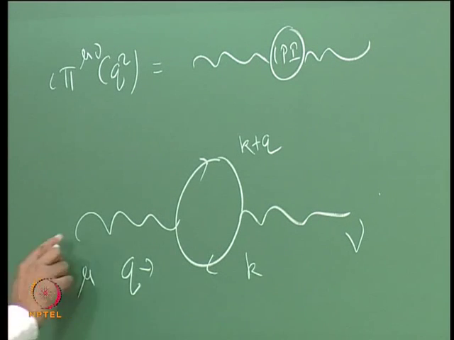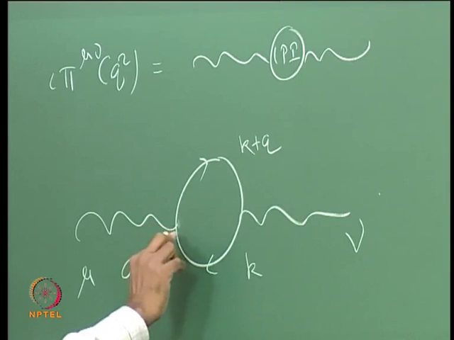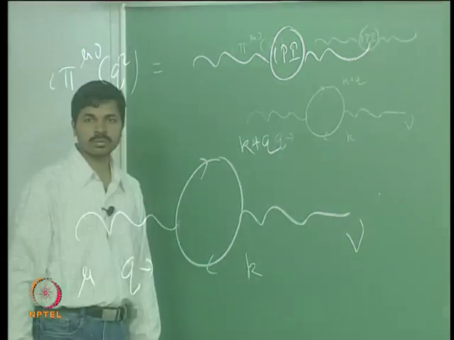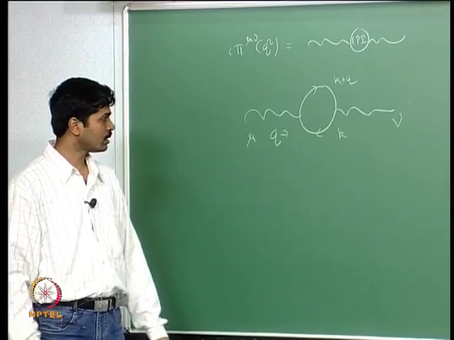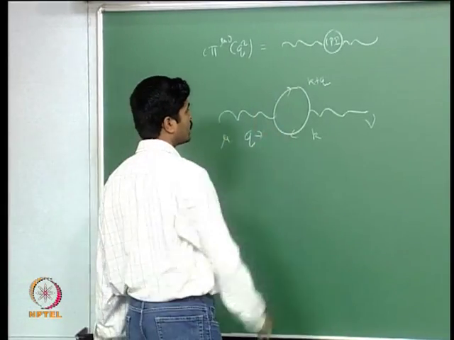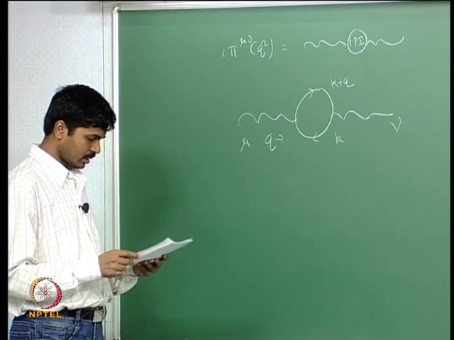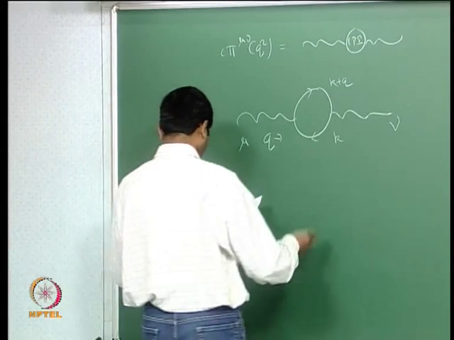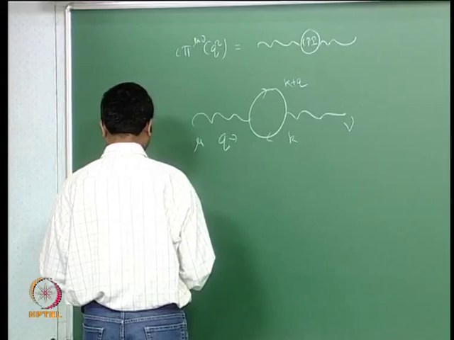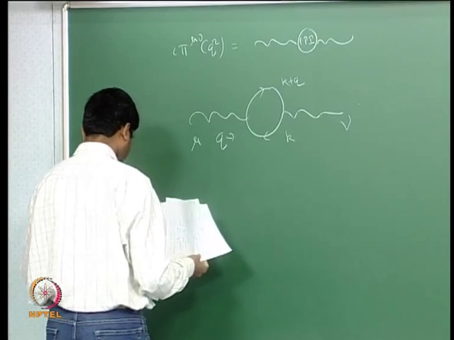Using Feynman rules, we wrote the amplitude for this diagram, used the Feynman parameterization, and simplified the numerator. At the end of the day we got the following expression for Pi 2 mu nu.